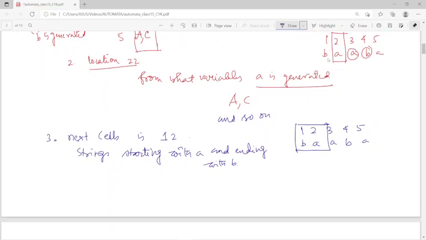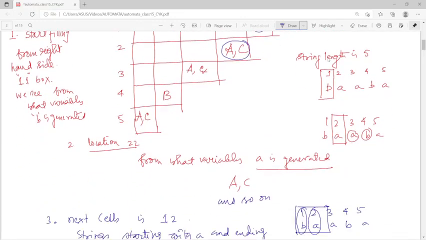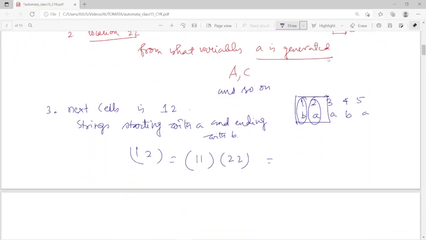So how can we write like that? 1 2 in the short process we can write 1 1 and 2 2. That means 1 1 means this one and 2 2 means this one, right? So 1 1 is generated by B and 2 2 can be generated by A and C. So this is a Cartesian product, that means BA and BC.